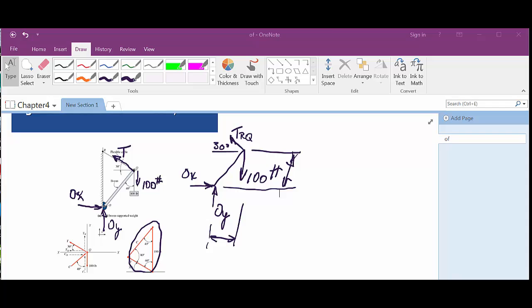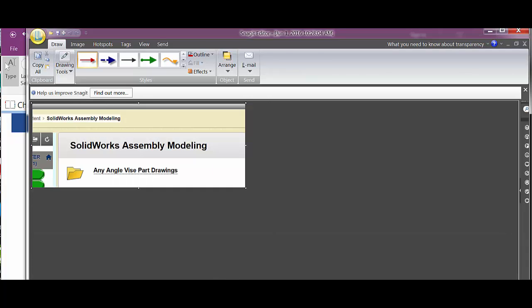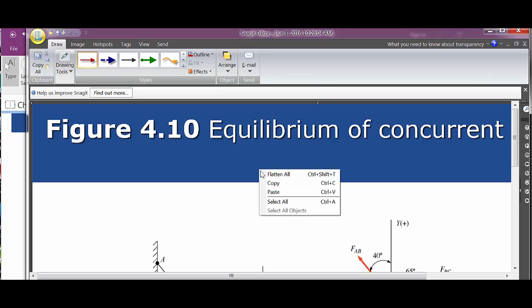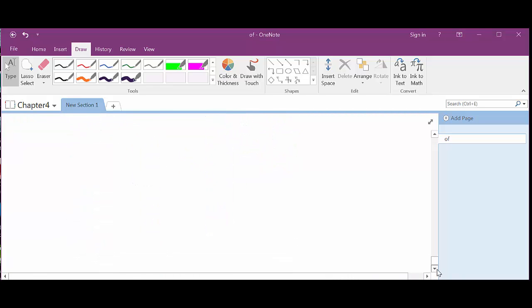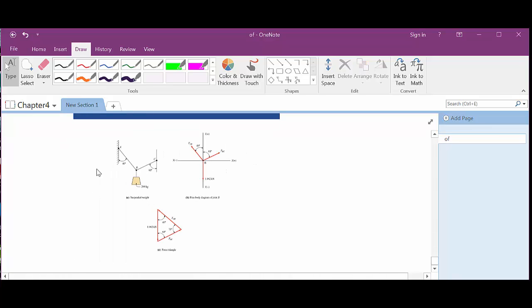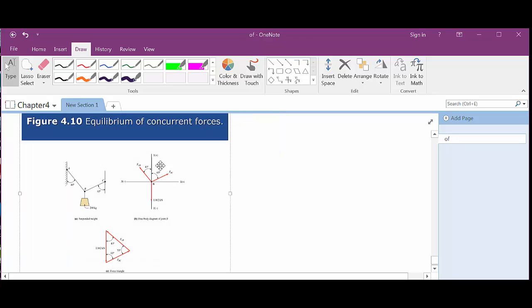Let's see what else here. So we got that one. I want to get to where we can start figuring out what some of those numbers really are. To the fun stuff. Equilibrium of concurrent forces. You know, let's see.